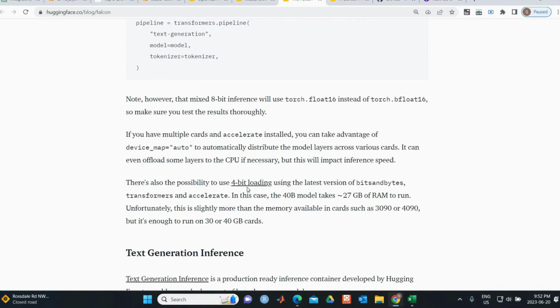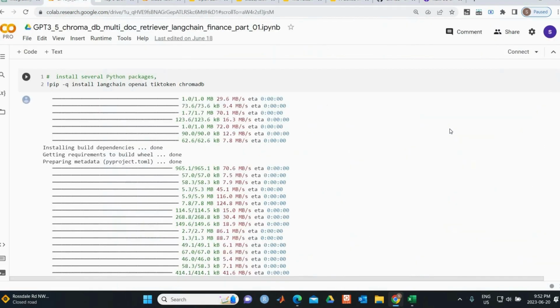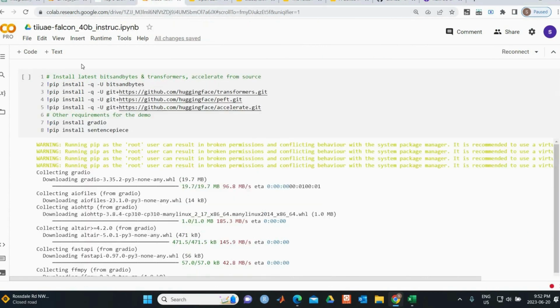We can also load this model in 4-bit, which would require 27 GB of RAM, so probably then you can look for some lower option as well. We'll discuss this a bit more. Let's first look at the OpenAI GPT 3.5 Turbo model and its results, and then we'll compare these results with the Falcon 40B Instruct model.